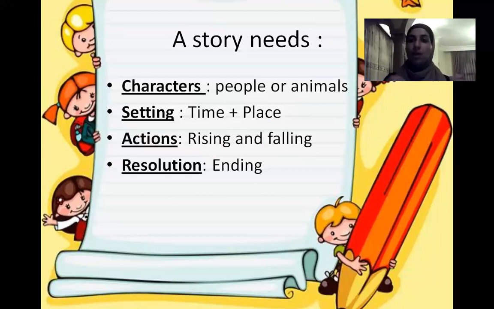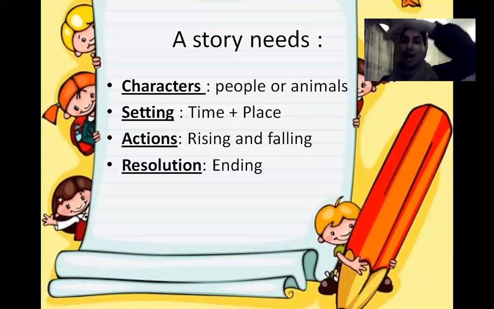So if something happens at the beginning of the story and leads to a problem, it is called a rising action. The rising actions are the actions that lead to the problem, or to the climax. We call it the climax of the story.